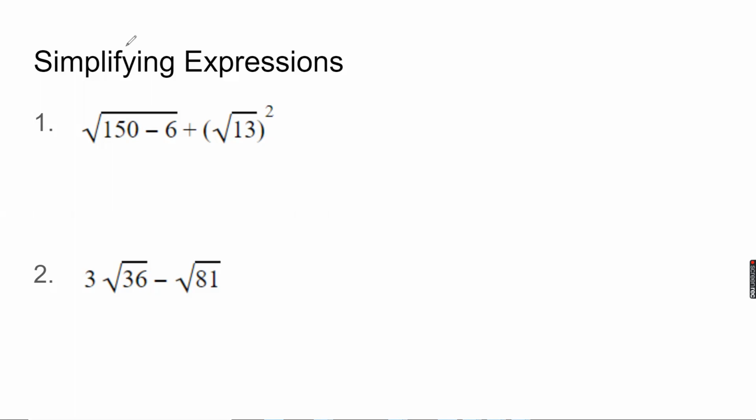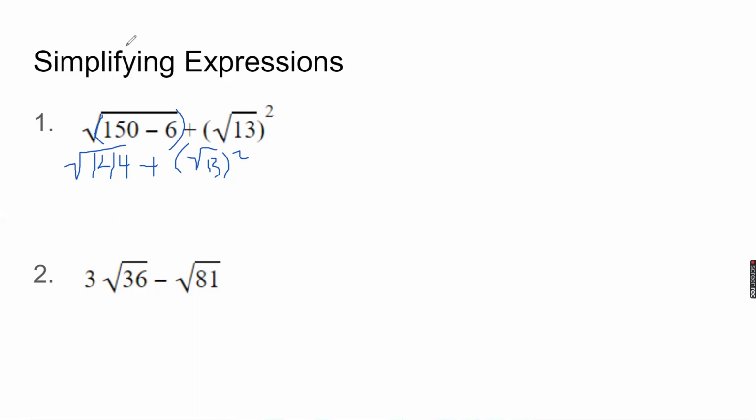So I see a square root on number 1 right there with my 150 and minus 6. So I'm going to do that first. 150 minus 6 is going to give me 144. And then I'm going to copy down the rest of the problem. 13 to the second power.